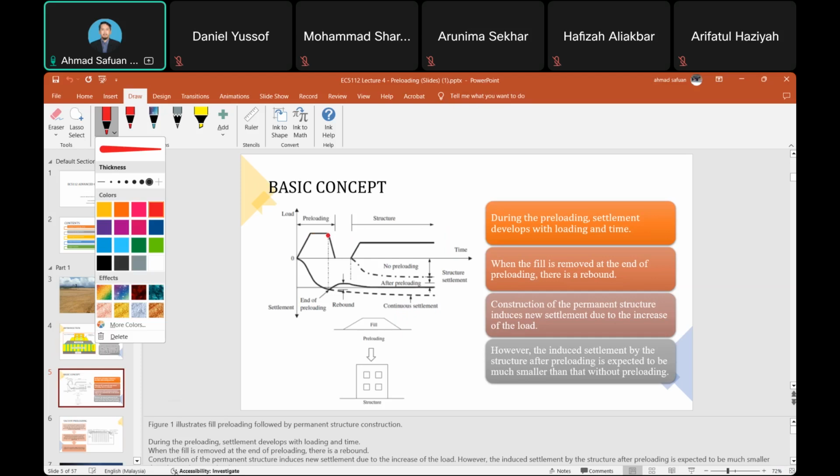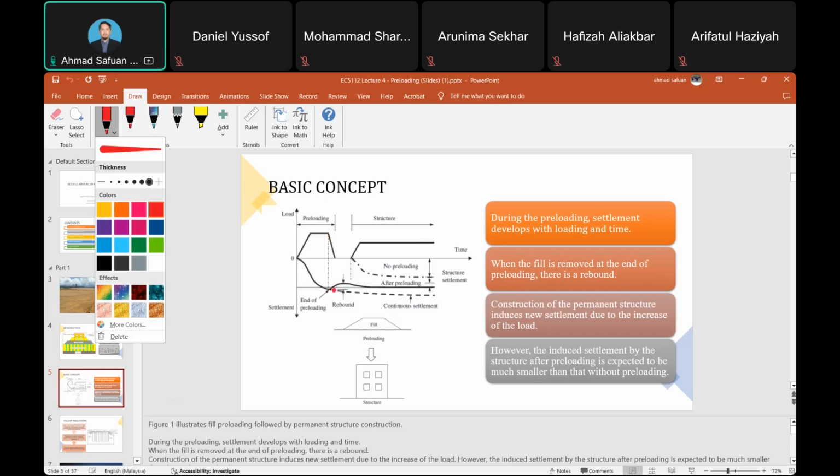We need to use the degree of consolidation equations and also the time factor equations. Then we remove the preloading, and the soil starts to rebound.